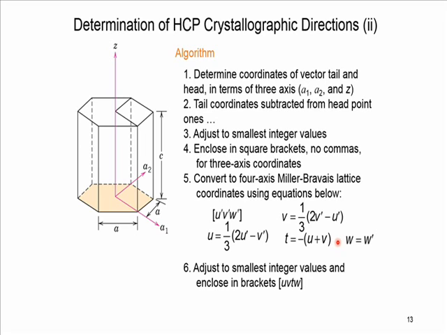Again, for u, v, t, w, we adjust to smallest integers, so whichever among u, v, t, and w is smallest, we make it 1, excluding 0, and the rest are going to be higher than 1, and we add a bracket that has 4 components. This one is our HCP crystallographic direction.